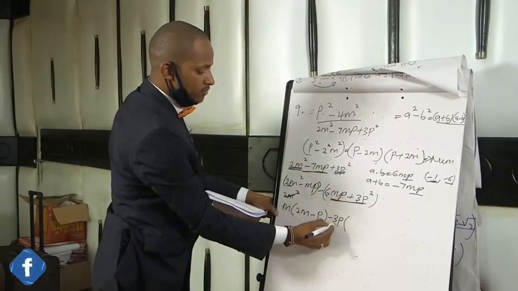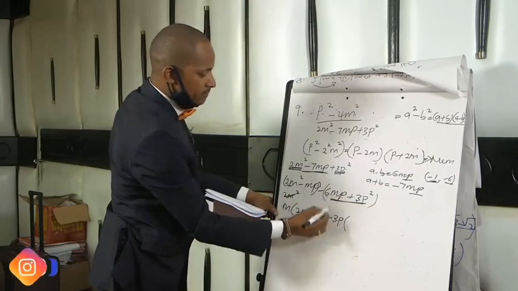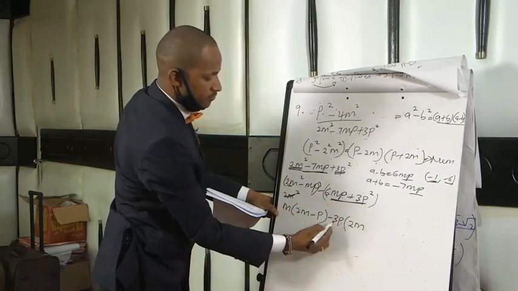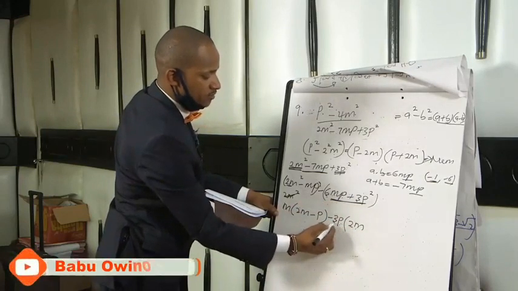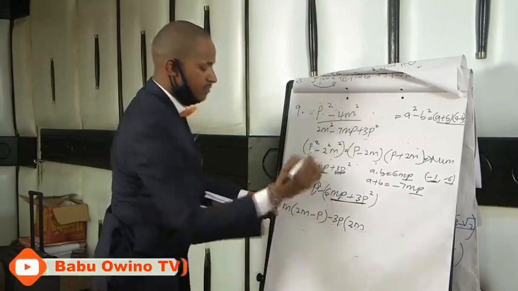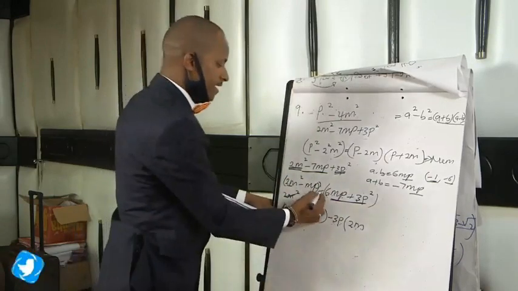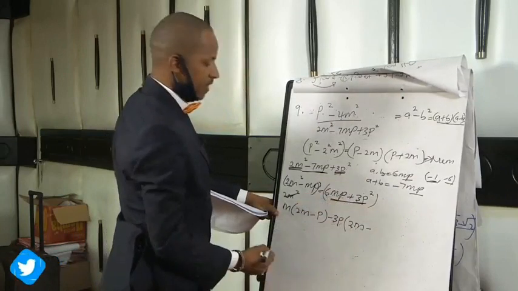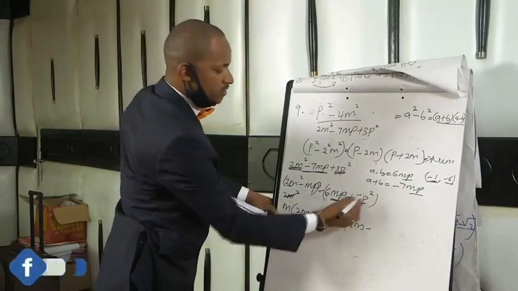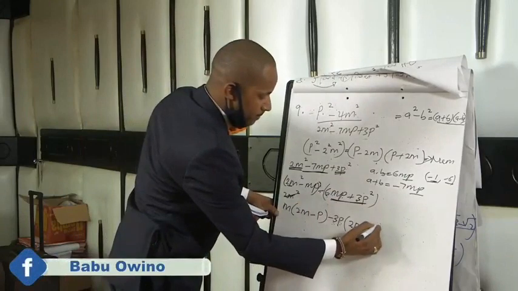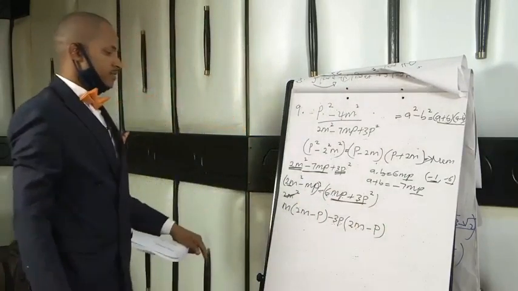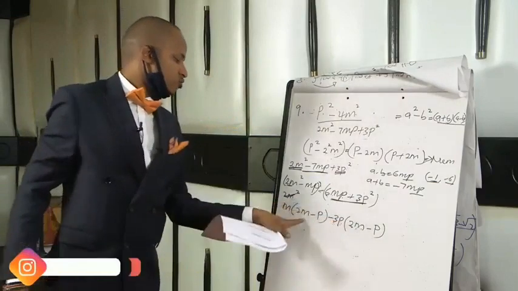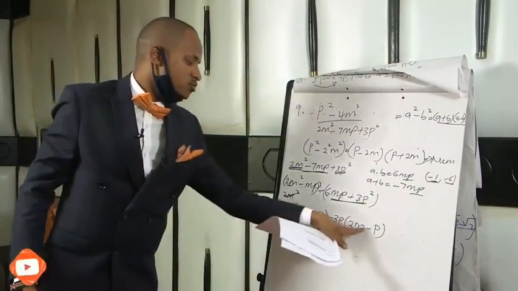So what is common on this side is 3p. 3p goes into 6mp 2m times. When you open this, it gives you 6mp. Minus times plus is minus. 3p goes into 3p squared p times. Therefore, as you can see in our brackets, we have 2m minus p, again 2m minus p.